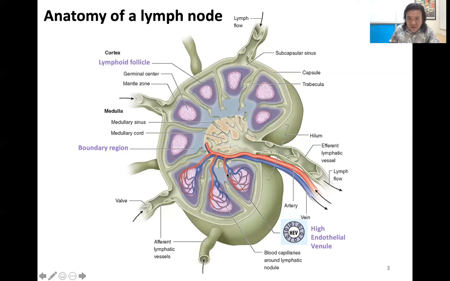So if you were to imagine this drawn in the cartoon as a cross section, that is why it's drawn as the magic floating purple donut. In this region, the endothelial cells, the cells that make up the wall of the HEV, have special proteins on them that attract and stop lymphocytes flowing through, encouraging them to stick to the walls and then squeeze their way out into the lymph node.